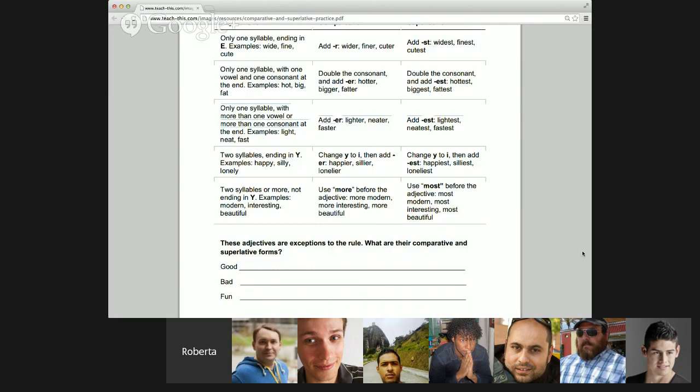Okay, so if you have a word like happy, silly, or lonely, and they end in Y, and it's two syllables, you change the Y to an I and then add -er, and you can see how that's done in these examples. And then it's similar for the superlative form.